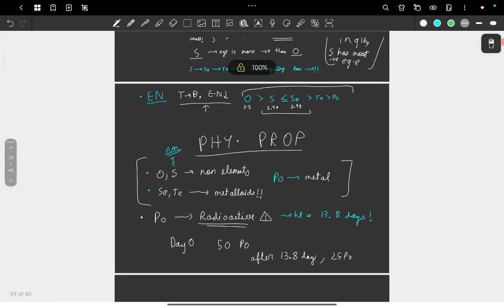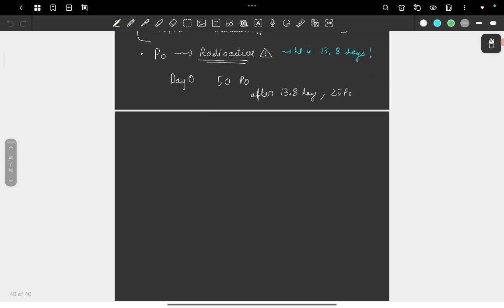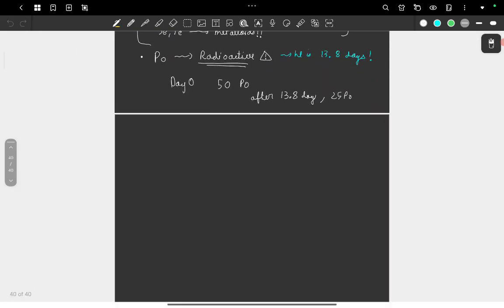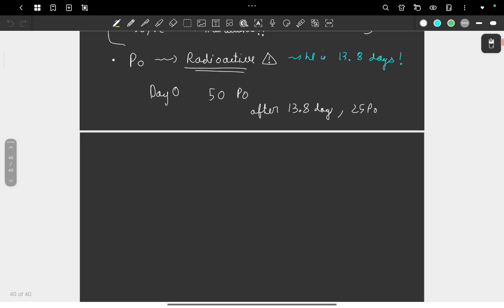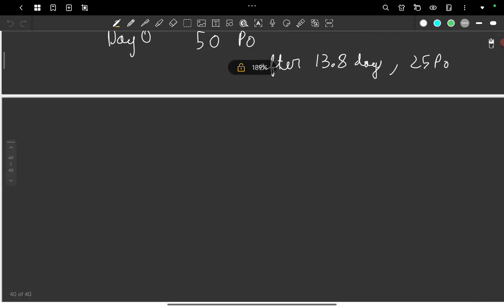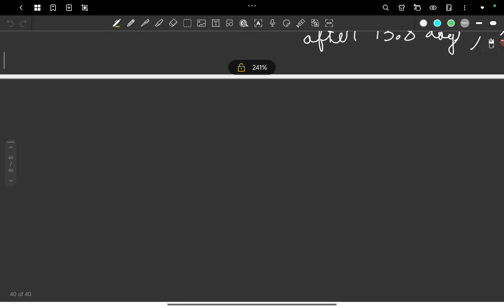This is what radioactivity, or basically what the half-life means, that after 13.8 days, the concentration of polonium will halve from what it was 13.8 days ago.